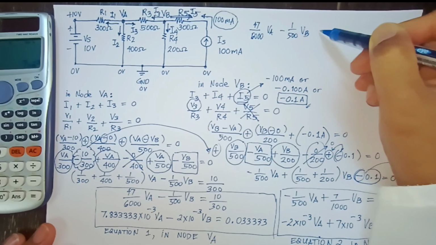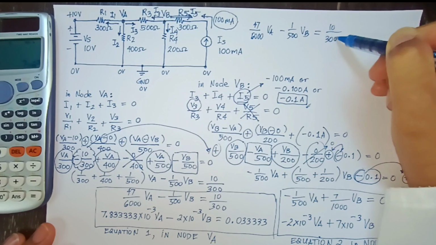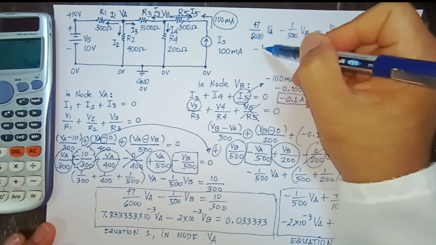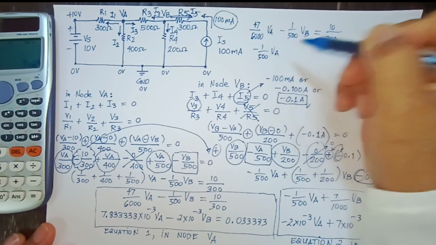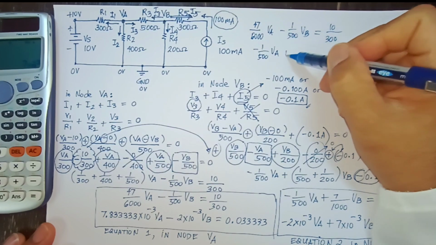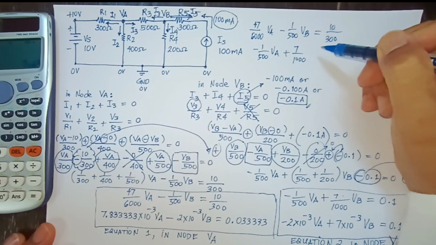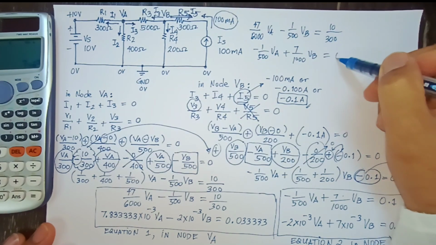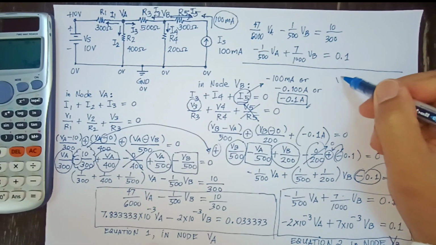The first equation: 47 over 6,000 VA minus 1 over 500 VB equals 10 over 300. And the other one is negative 1 over 500 VA plus 7 over 1000 VB is equal to 0.1.